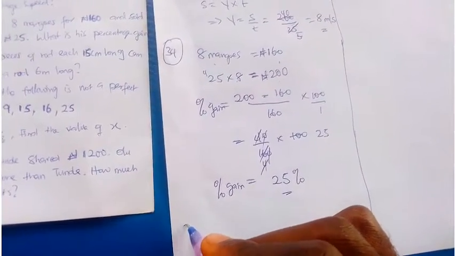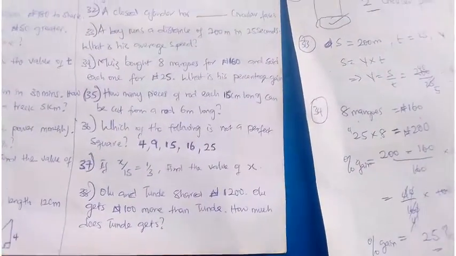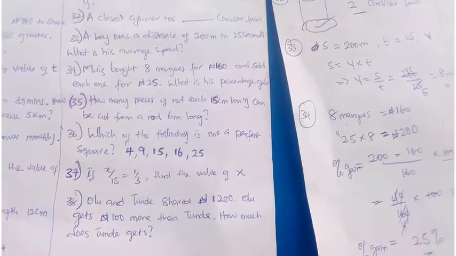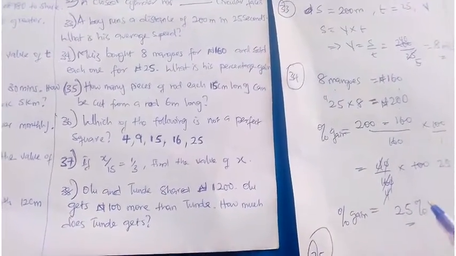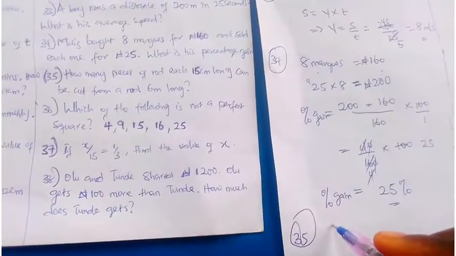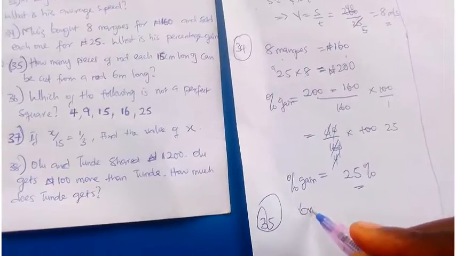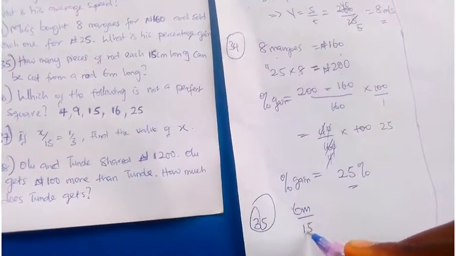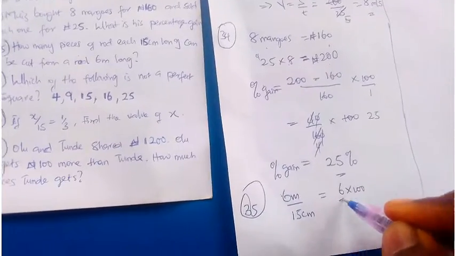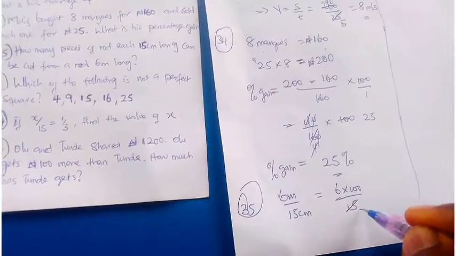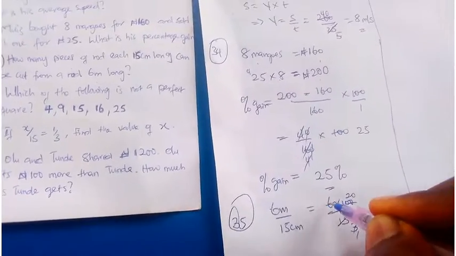Okay, so this is number 35 question now. How many pieces of rod, each 15 centimeters long, can be cut from a rod 6 meters long? How many of this can you find in this? It means 6 meters over 15 centimeters. Converting this to centimeters becomes 6 times 100 over 15. So 5 here, 3. 5 here, 20. 3 here, 1. 3 here, 2.